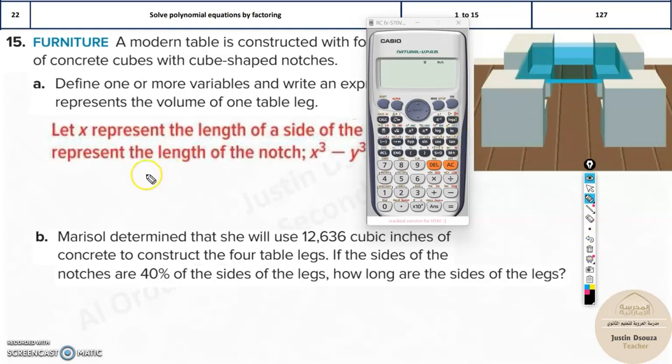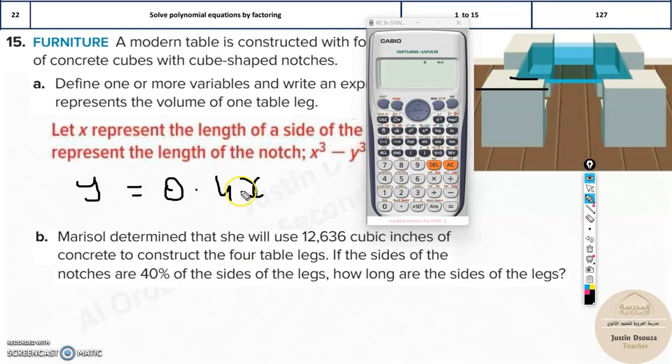So how can we understand this better? We can write x cubed. Now this was just for the concrete leg, with the notches excluded. Now we are including everything, so x cubed and y cubed. The y length would be equal to 0.4 times x, because they told us the notch is 40% of x.